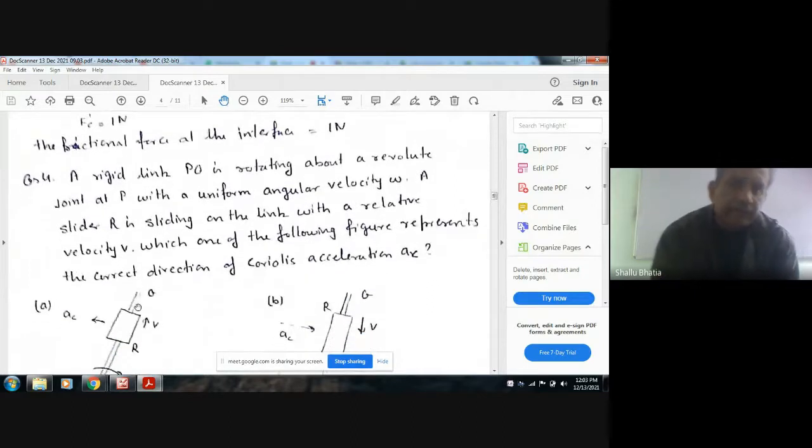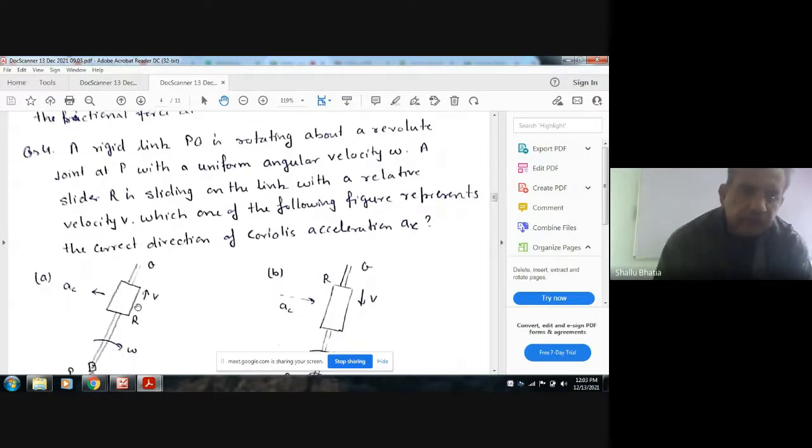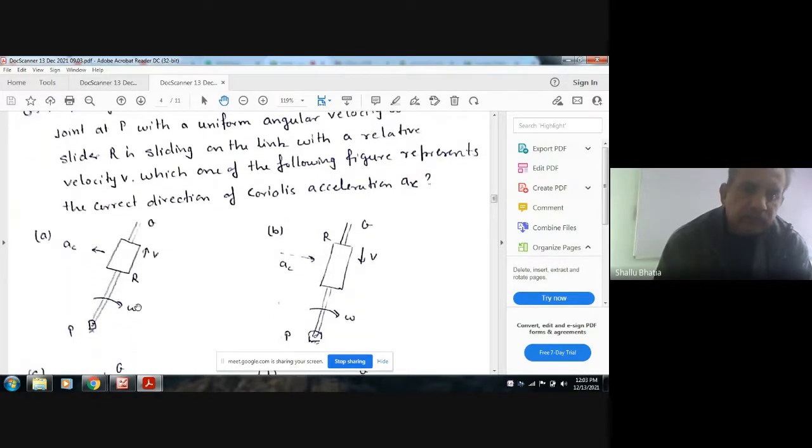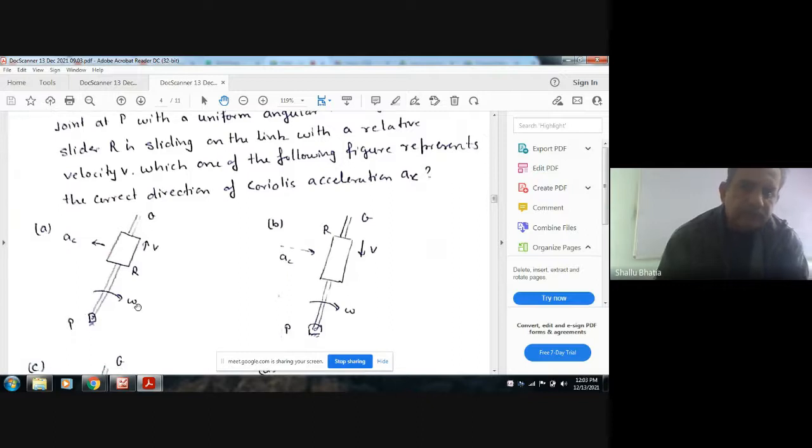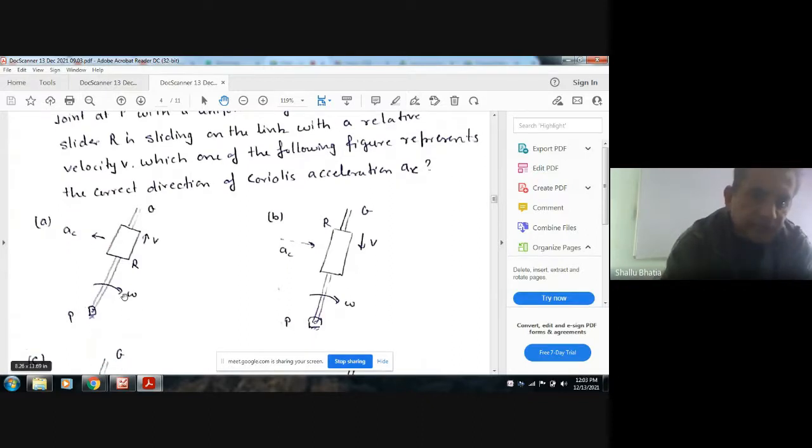Next, a rigid link PQ is rotating about a revolute joint at P with a uniform angular velocity omega. A slider is sliding on the link with a relative velocity v. Which one of the following figures represents the correct direction of the Coriolis component? So this is the figure.